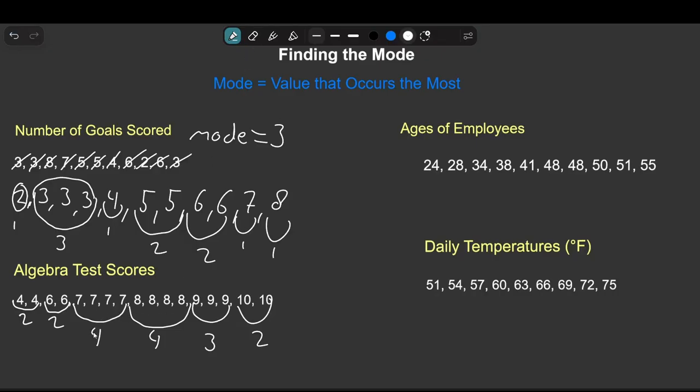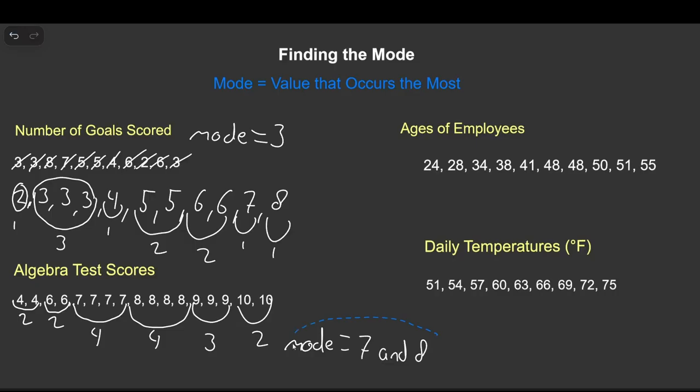This means we have 2 modes. Normally you just have 1, but this time we have 2 because they both have 4. So we can just write down mode equals 7 and 8.